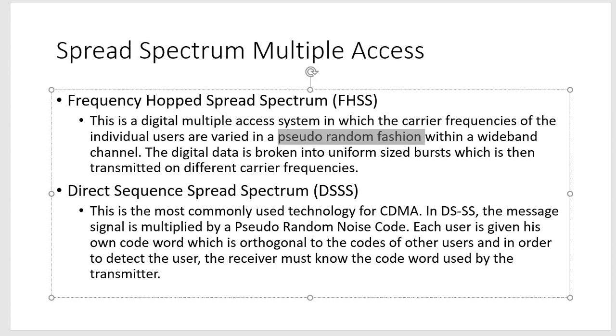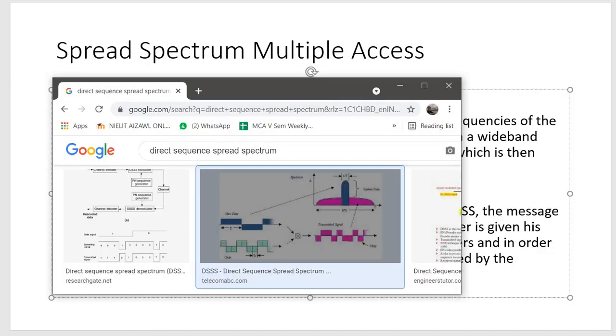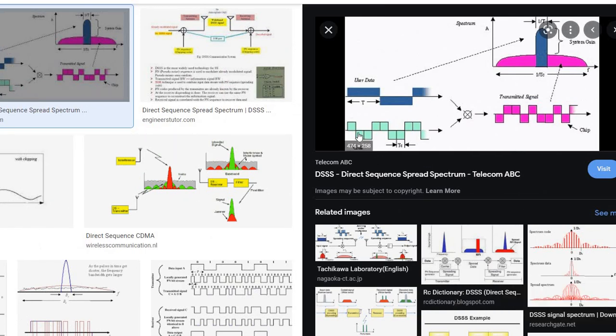Here we have a code and here we have user data, and these two are multiplied. Then these signals are transmitted.